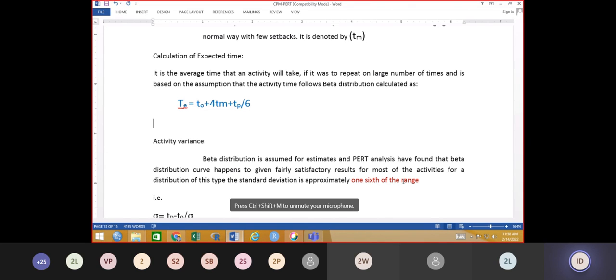But it is not in the syllabus. Let us ignore this, but try to understand the concept of variation. If there is a low value, there is no variation, which means the project is completed within a shorter period of time.